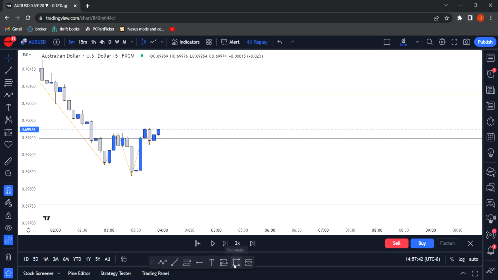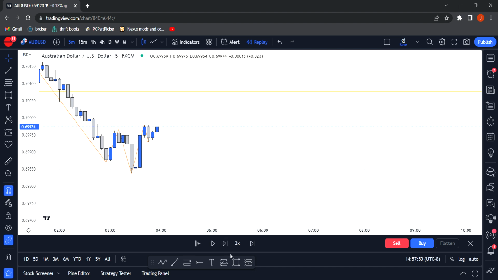The breaker structure is my third step, and the fourth step is price retesting my demand zone for my entry. So what I used was this candle.